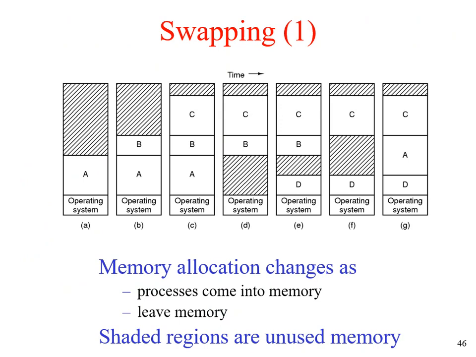Process A comes into play and it's given a memory allocation. We still have enough for process B. We still have enough for process C, right? But for process D, we don't have enough memory because the region of unused memory has become small.